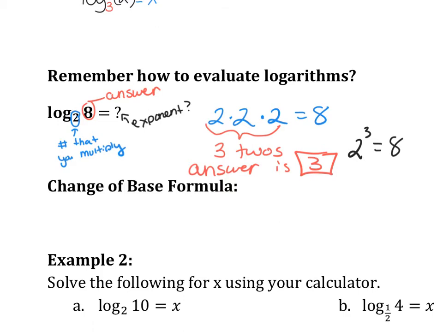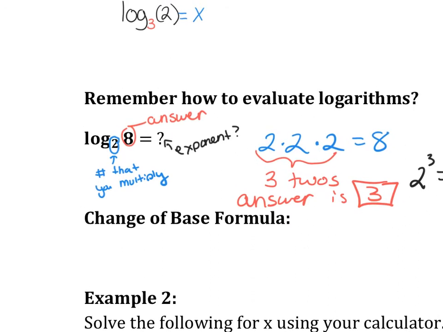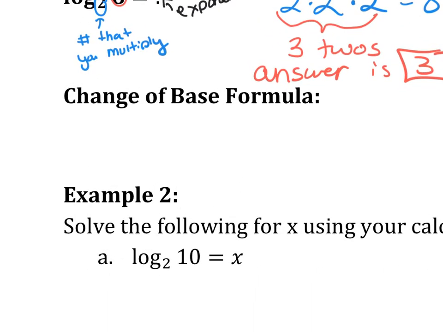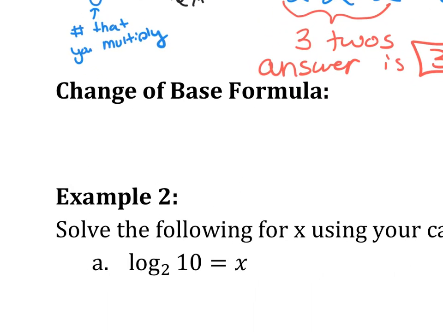And so we have a way to use our calculator to help us, even though we can't directly plug in logs of different bases into the calculator. There's what's called the change of base formula, where basically mathematicians are like, fine, calculators don't want to do it. We don't know how to do it with the calculator, so we are going to just change up the formula so that we can use our calculators.